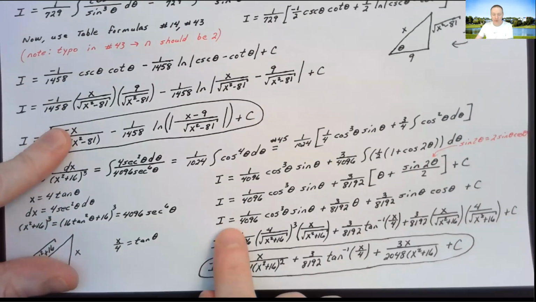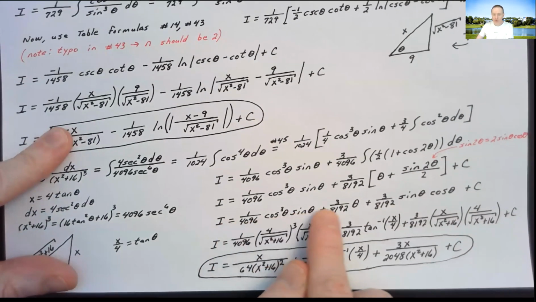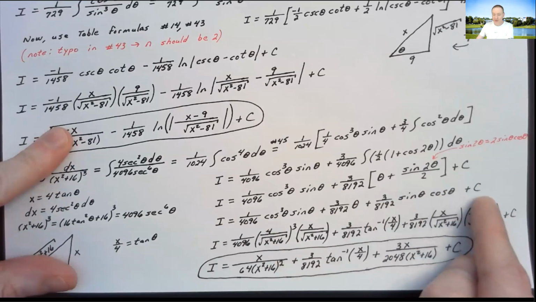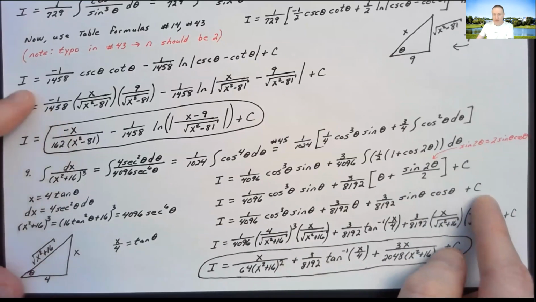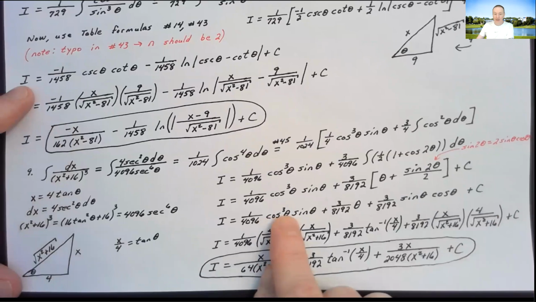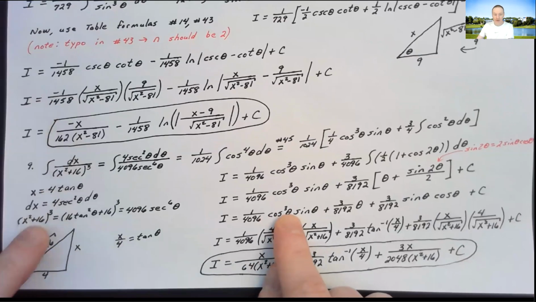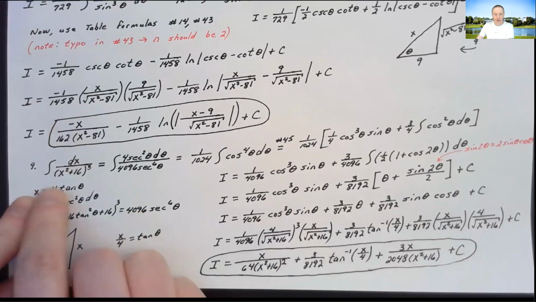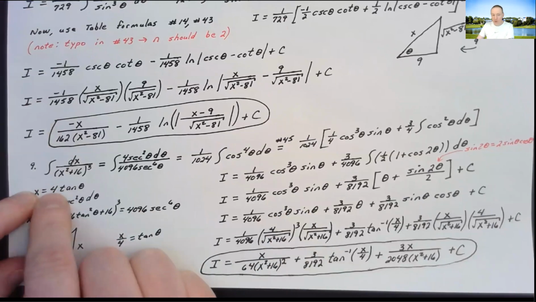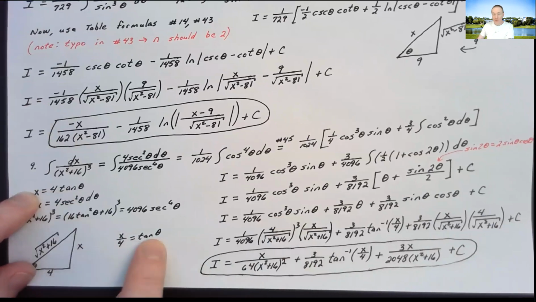And you can say our integral is equal to all of this with respect to theta, of course, plus our constant of integration. Now I need to take that gorgeous answer with respect to theta and get it back into terms of x. You use your trig triangle. We know that x is equal to 4 tangent theta, which means x over 4 is equal to the tangent of theta.